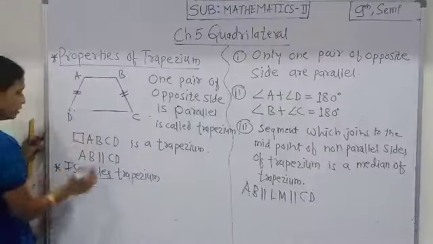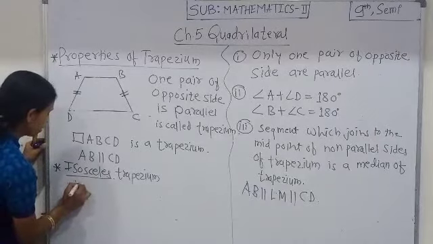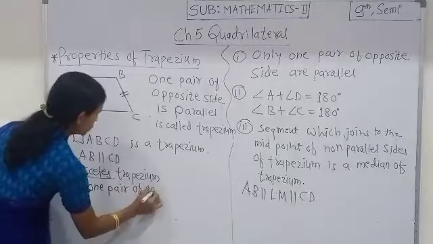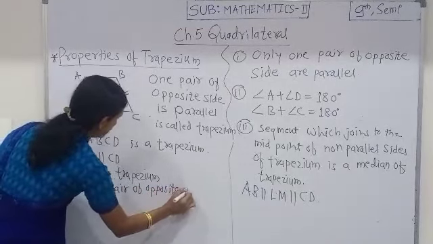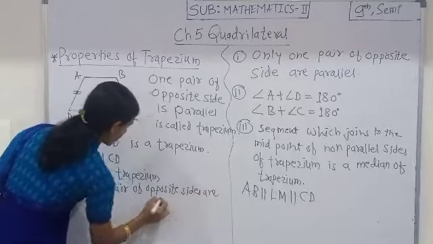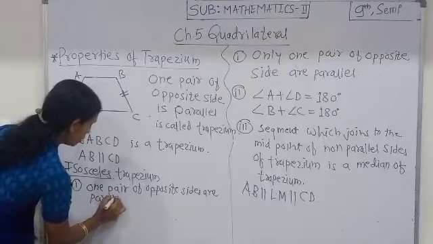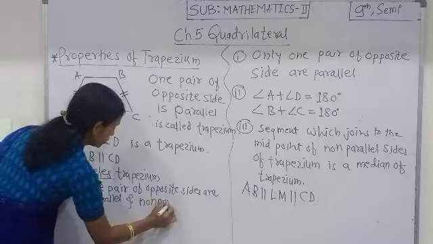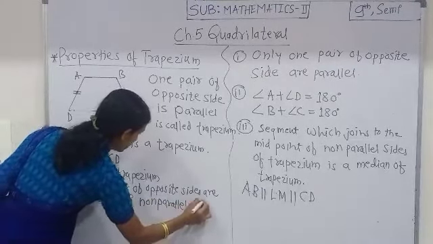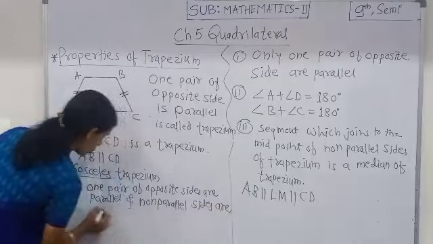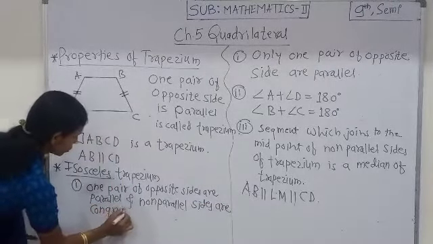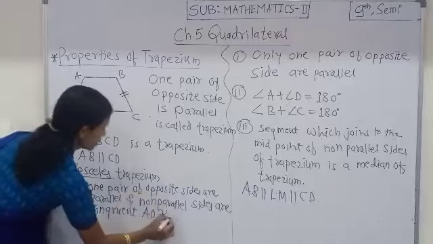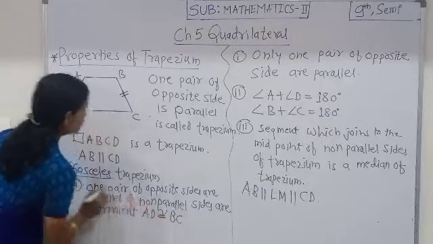In an isosceles trapezium, one pair of opposite sides is parallel and the non-parallel sides are congruent. That means AD is congruent to BC.